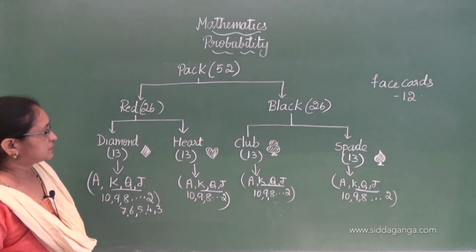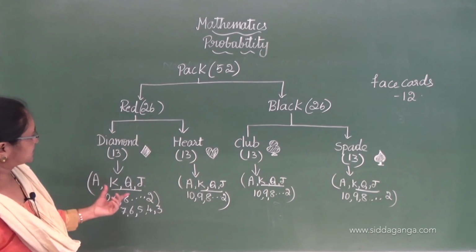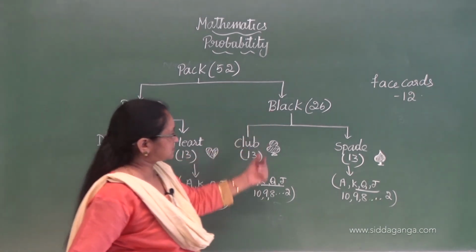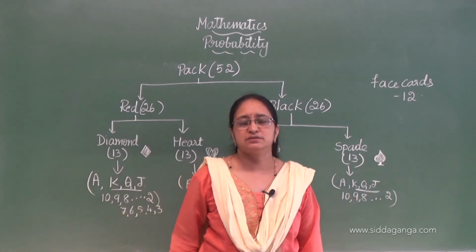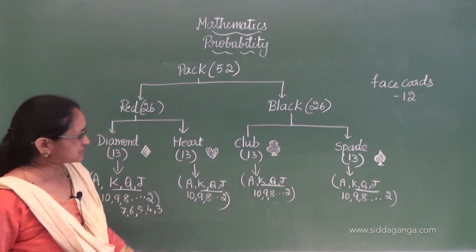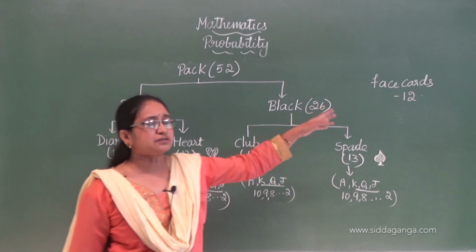And they can ask like this also: how many queens with red color? Only 2. With black color, only 2. How many face cards of black color? 3 plus 3, 6. But total face cards are 12.